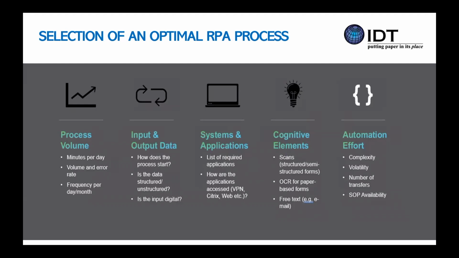When we're looking at input and output, we need a clean start and a clean finish to know that we're getting the job done right. We're going to wrap reporting around this to be able to show when and where this process is effective. We're also able to interact with a variety of different systems and applications. One of the great things about Hyland RPA is it really lives in the cracks between applications.